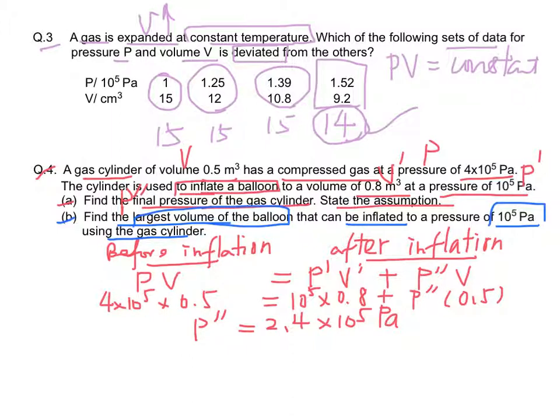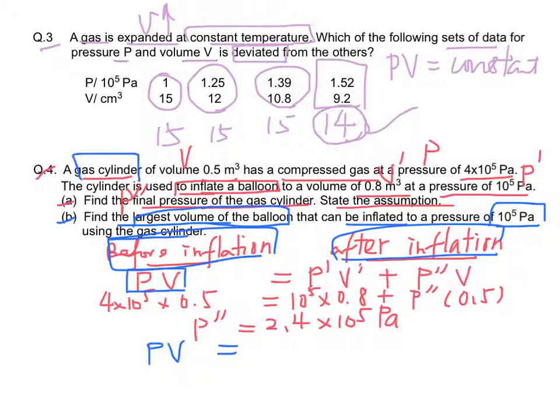In this case, we have before inflation, the product of the pressure times the volume is still PV equal to, after inflation, the pressure inside the gas cylinder and that inside the balloon will be the same, which is equal to P prime times the sum of the total volume of the gas cylinder, which is V, plus the largest volume of the balloon, which is V maximum.